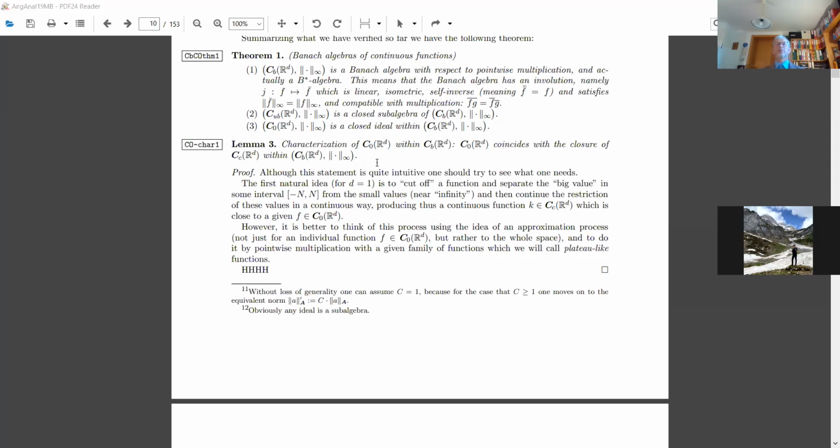Okay, so maybe I skip this or have done this already, just reading the lemma. C0 is the closure of the functions with compact support. Remember, CC means continuous complex valued functions, and the subscript C means with compact support.